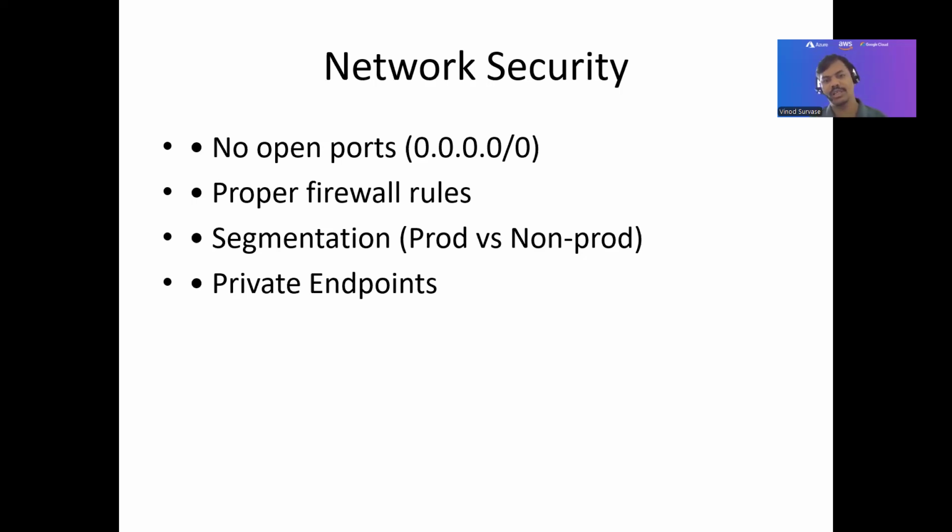And a very important part of this is segmentation between production and non-production environments, right? So that's also something we want to segment, and we don't want them kept in the same structure or same environment, so that it might not collide with the real production environments.